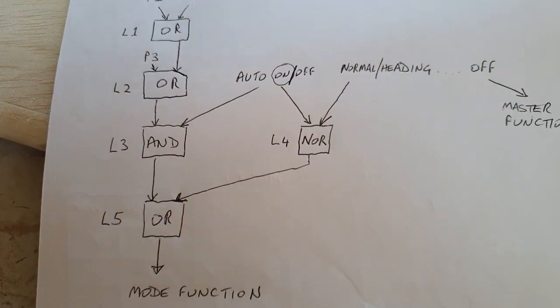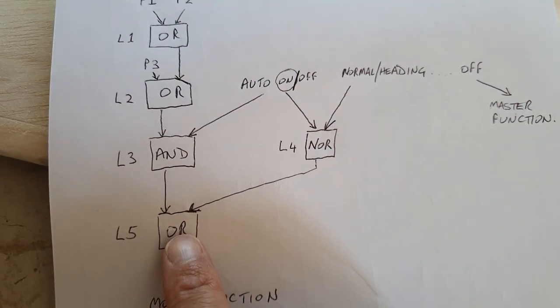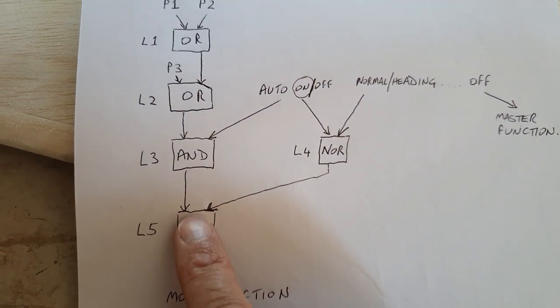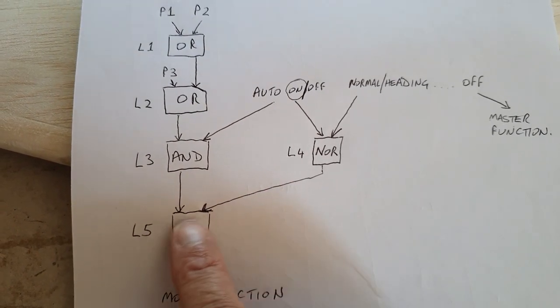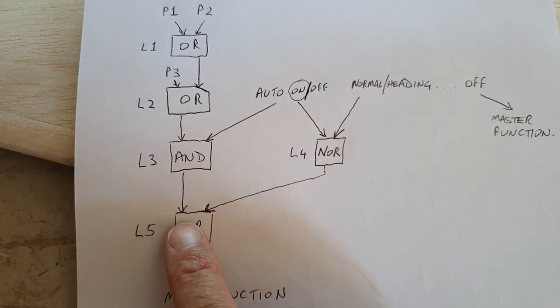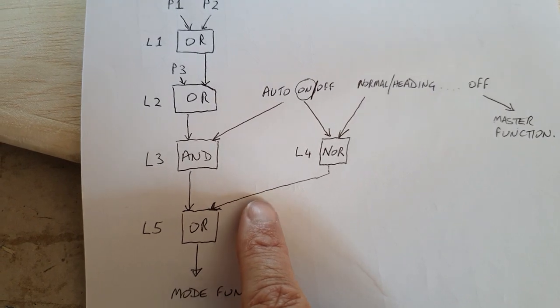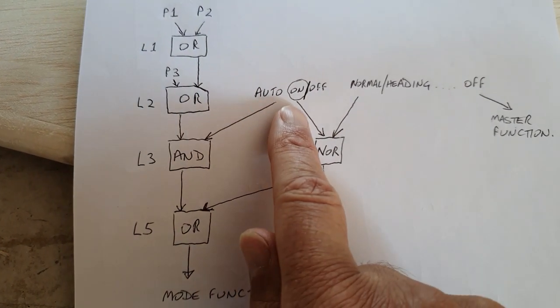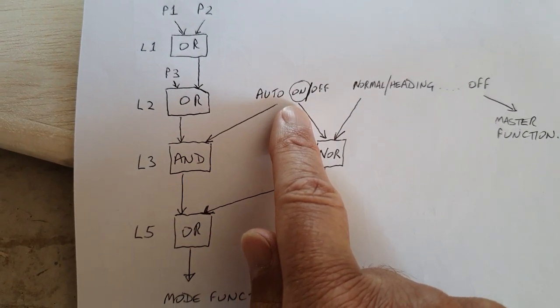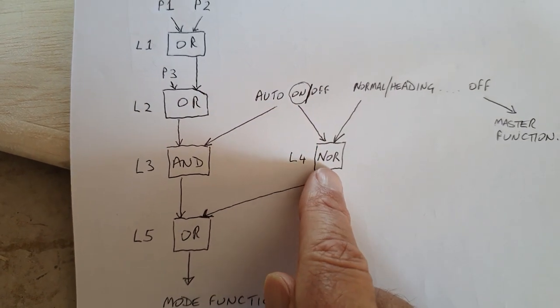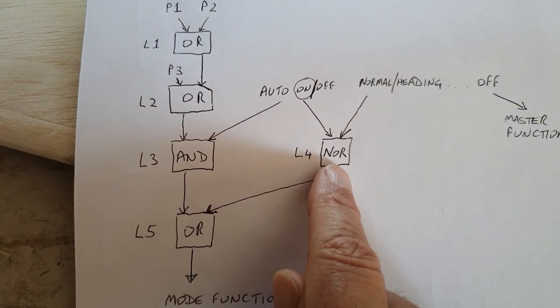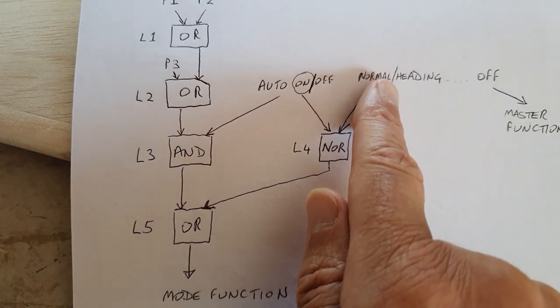So that brings us back down here, where we have yet another OR switch, and it's getting its output from the AND switch there, but this is being reversed. The idea being that if the auto switch is on, then the output from this as an OR switch must be on. Doesn't matter what position this switch is in.